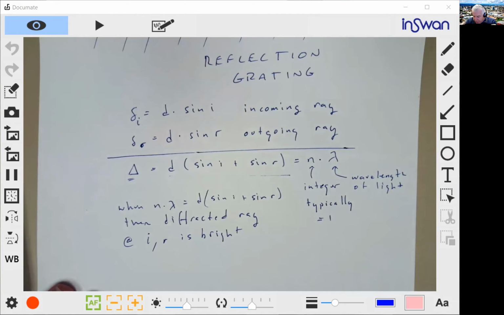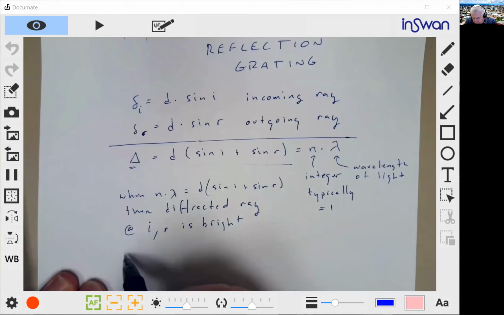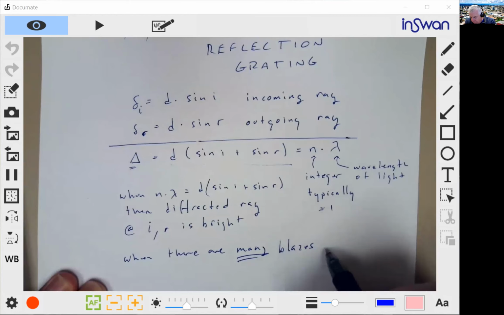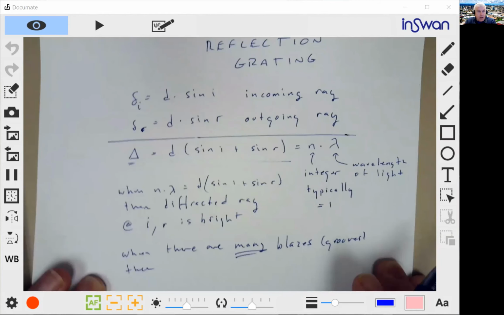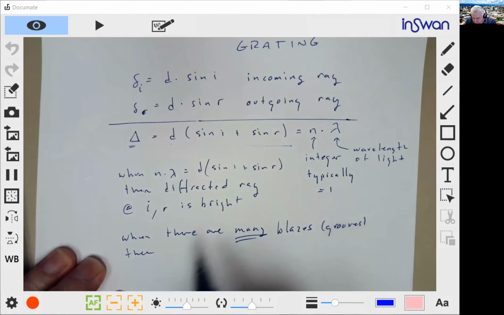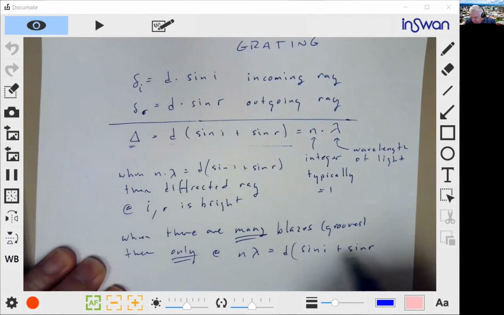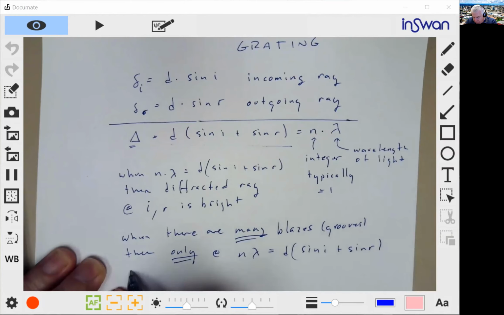And then when there are many blazes, right, or grooves, then only at n lambda equal to d sine I plus sine R is diffraction observed.